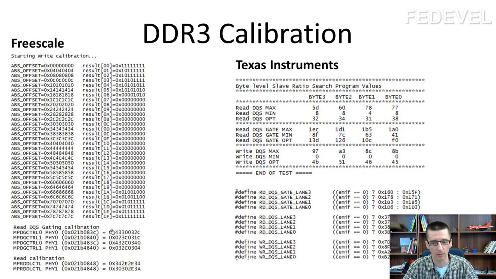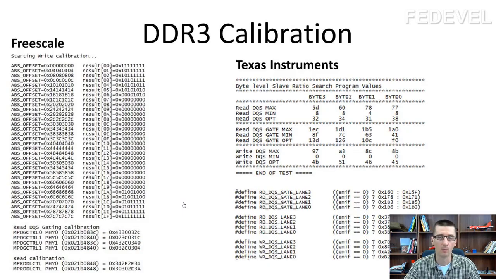It will tell you, put this value to this register. Put this value to this register. Okay? Usually you put them into U-Boot. For Texas Instruments, it's very similar. Again, it measures some values exactly for each data byte, and then it will give you the numbers which you need to use for specific registers.